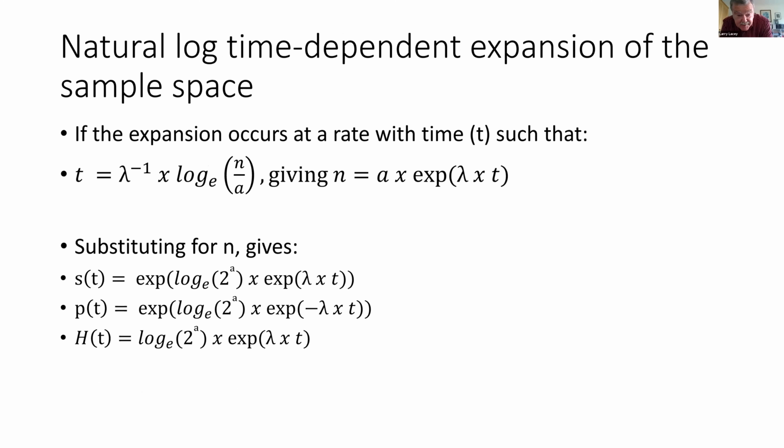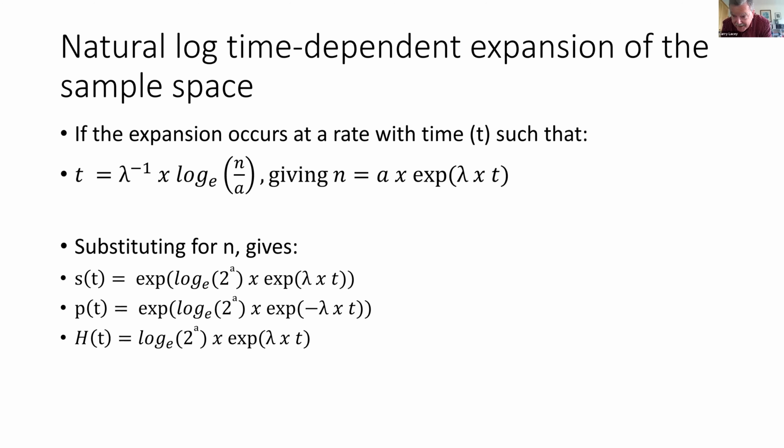I chose that one because I just wanted to play with maths. And lo and behold, this is what I get for, again, S(t), the expansion, the probability, and the information entropy. Now, the expansion is intriguing. If you look at it, it's a double exponential: an exponential of a constant times an exponential.